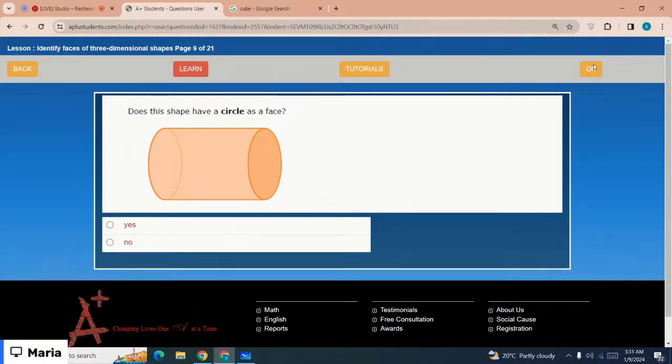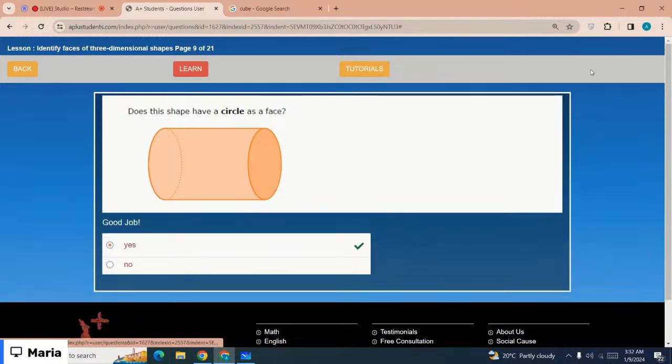Does this shape have a circle as a face? The correct option is yes, the shape has a circle as a face.